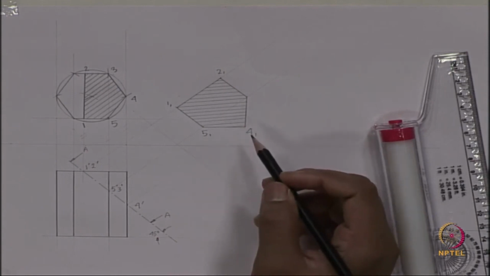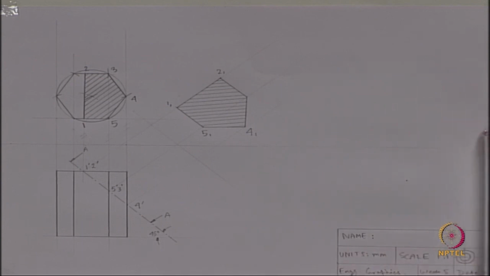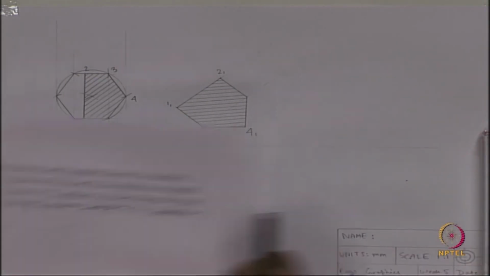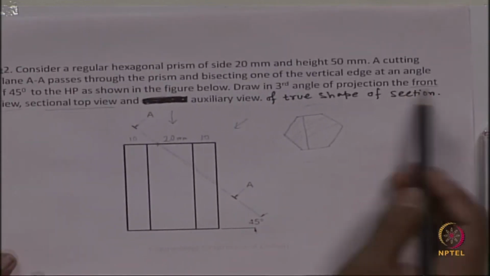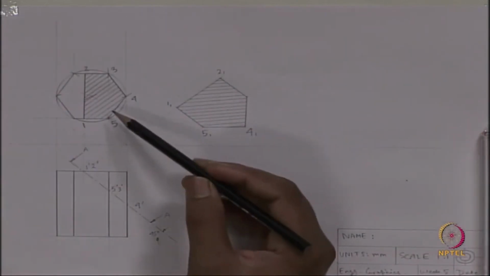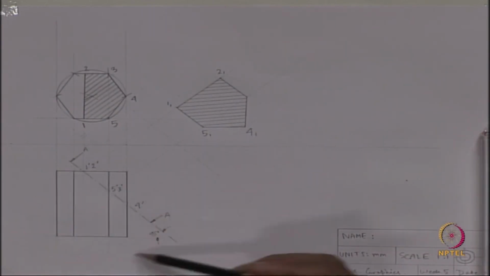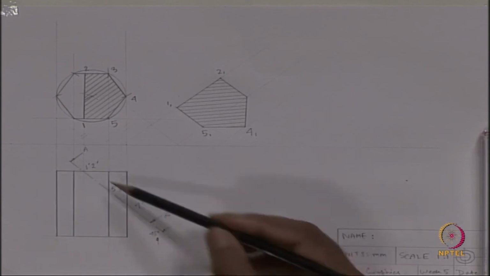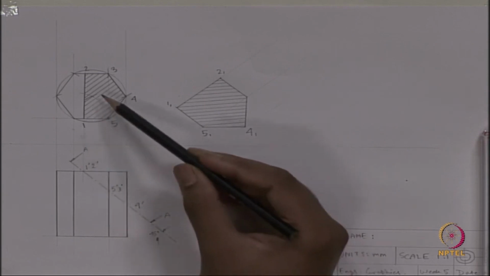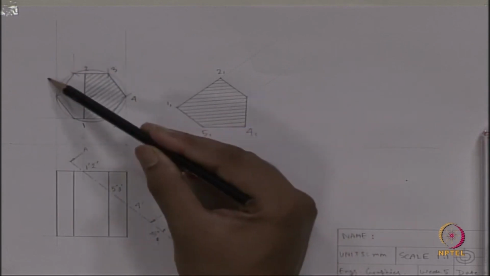So, now I think we have got every component we need. We needed the front view, sectional top view and auxiliary view of true shape of section. This is the front view along with cutting plane. After cutting, we have got this sectional top view.